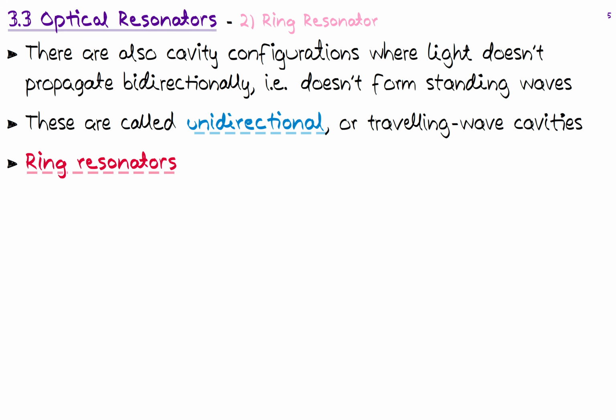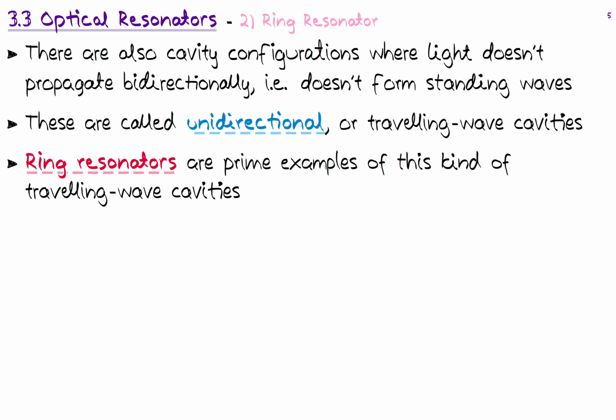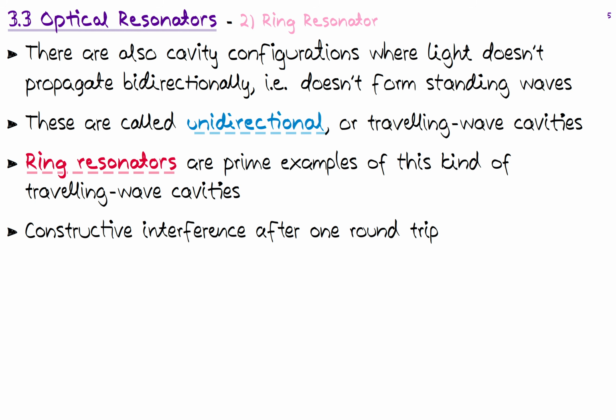Now, a ring resonator is an example of this kind of cavity. So basically, it's a traveling wave cavity or unidirectional cavity. And when we go through the phase condition, constructive interference after one round trip is given by kL equals 2πn.